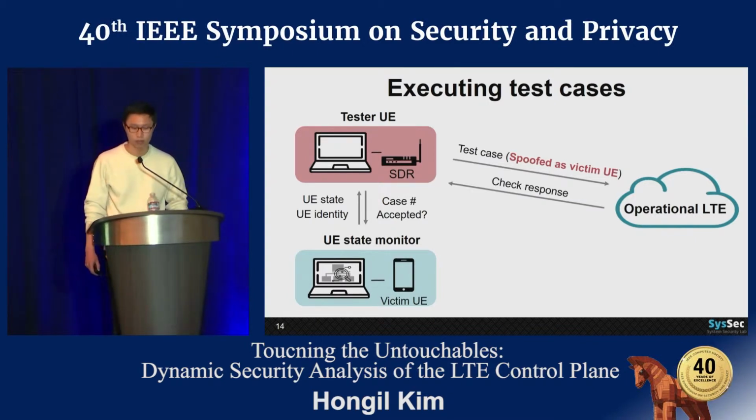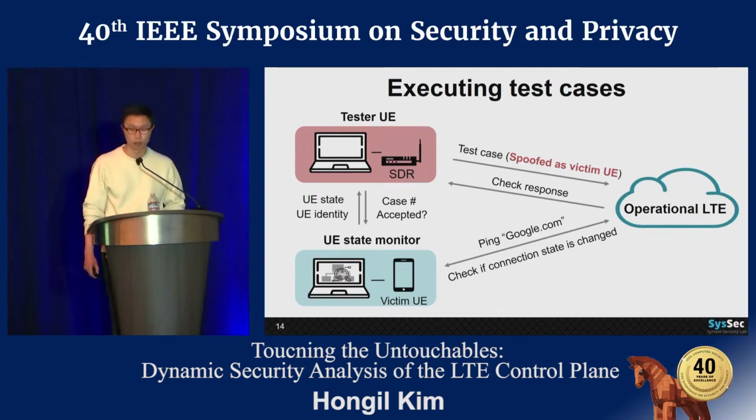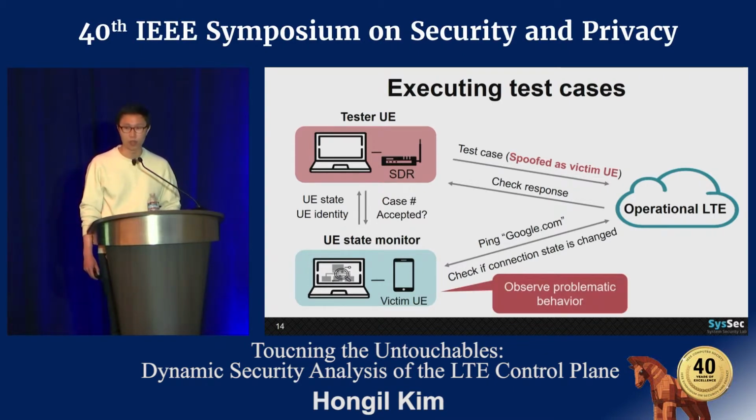And it just checks the response from the operational network. Also, the UE state monitor checks if the connection state of the victim UE is changed or not by pinging google.com. Based on these two data, we had to decide whether each case is problematic or benign.